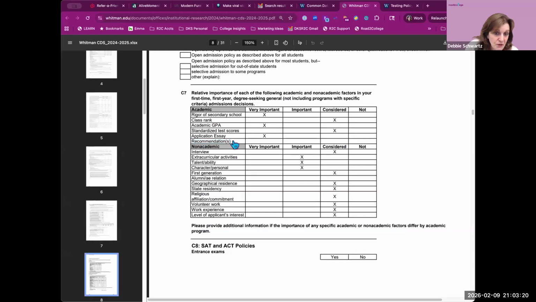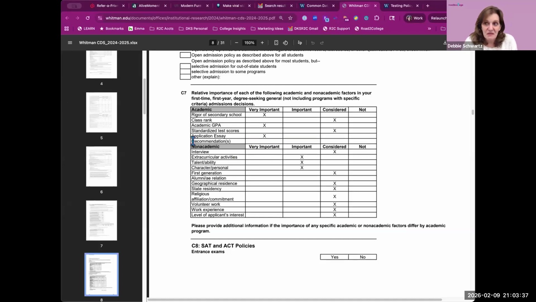I don't know if anybody else here knows. Do they even ask for recommendations? Usually the colleges ask for two recommendations, from the guidance counselor and from a teacher. So I'm kind of surprised that they're not telling you anything about how they use that recommendation.